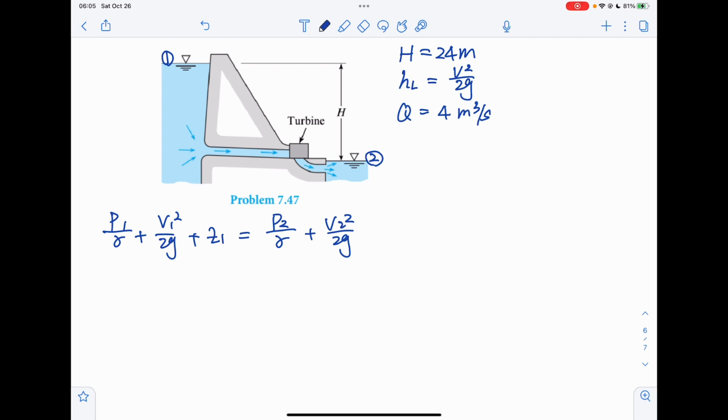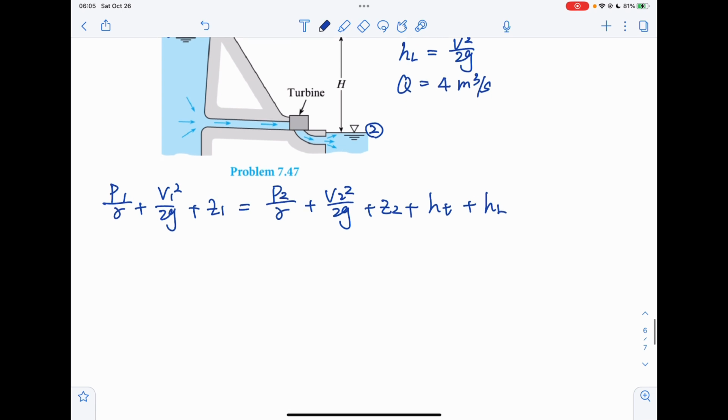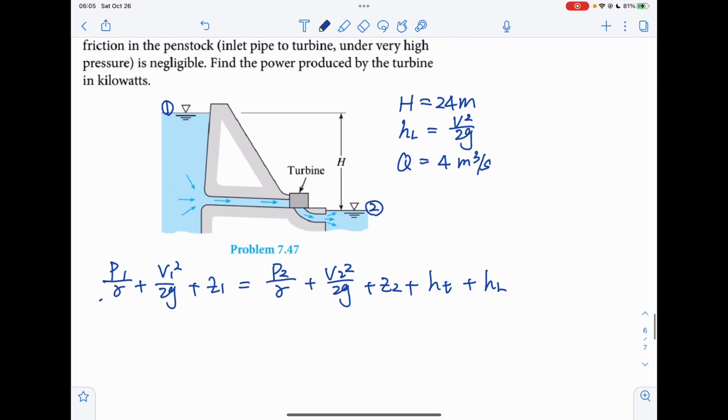We're going to have the head of the turbine, HT, and the head loss both on the right side of the energy equation. For this problem, P1 is 0, V1 is 0, P2 is 0, V2 is 0. So we only have the elevation difference, the head loss and the head of the turbine.